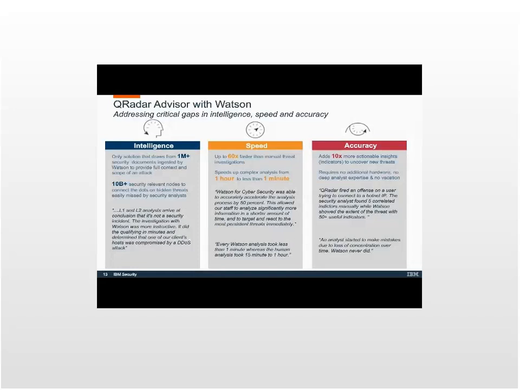And one of the interesting things is we found that when an analysis is done manually, they might tend to stop investigating when they arrive at an interim answer. Whereas with Advisor and Watson for Cybersecurity, we have the power to investigate all potential paths in the investigative process, ask all the questions all the time.